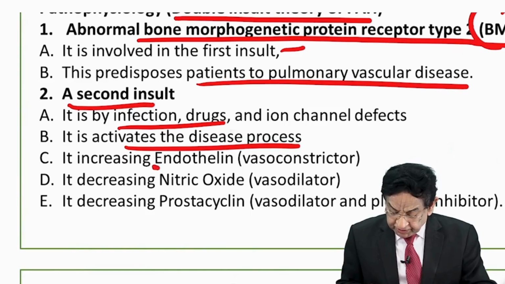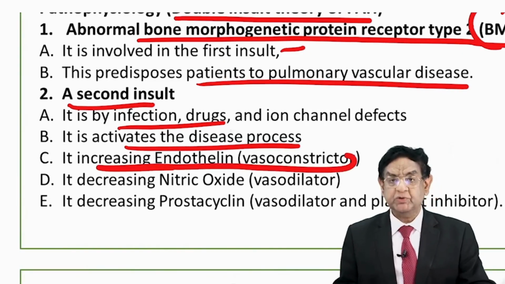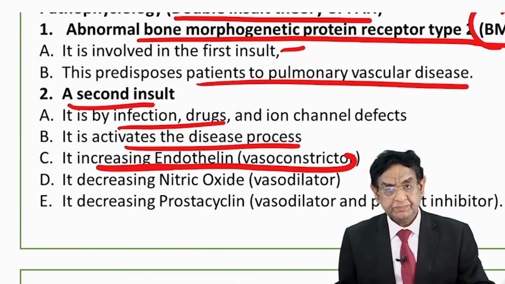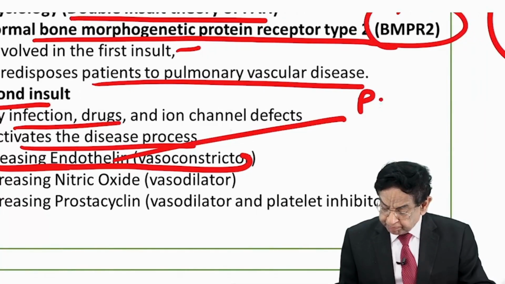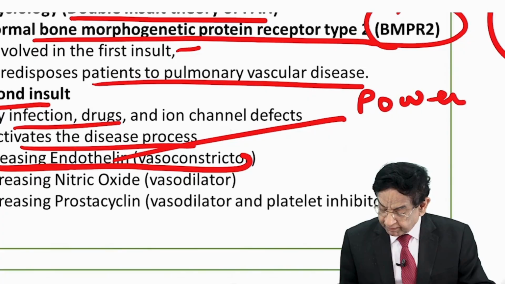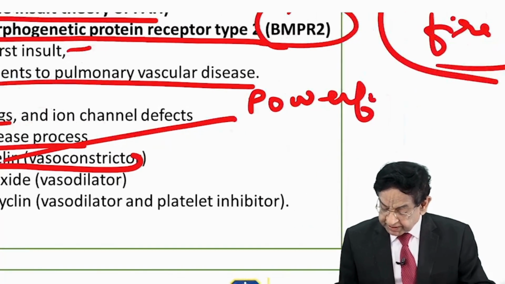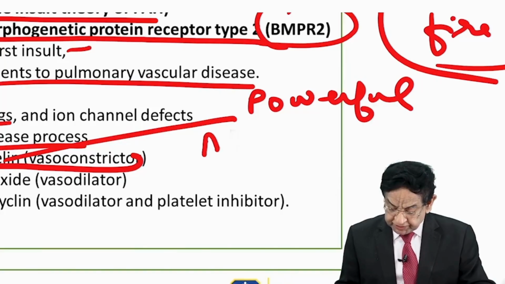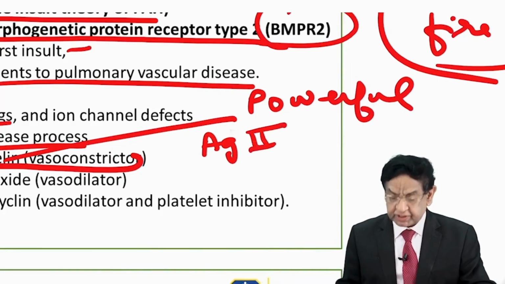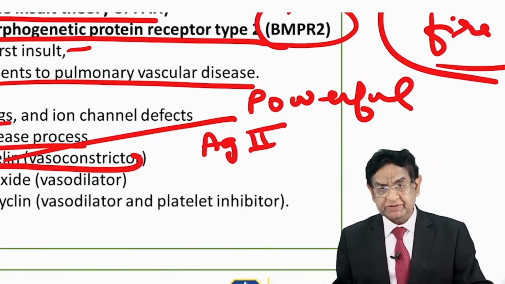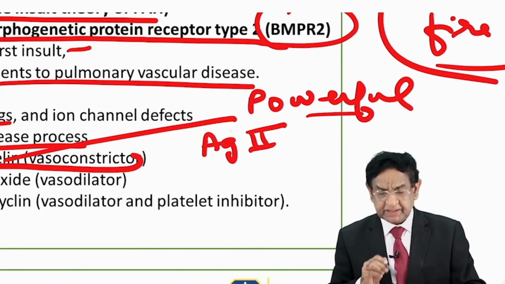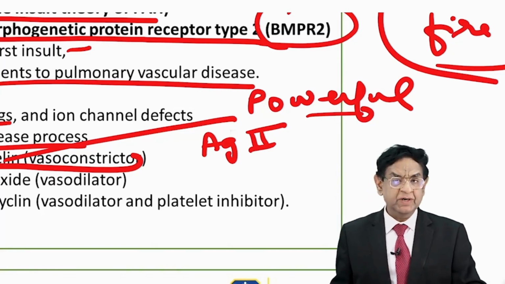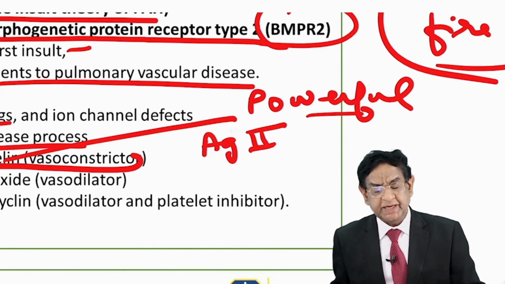They increase endothelin, which is a vasoconstrictor. In fact, endothelin is the most powerful vasoconstrictor in the body. We know angiotensin 2 is also a vasoconstrictor, which is involved in the pathology of systemic hypertension. But in pulmonary hypertension, endothelin is involved, which is an even more powerful vasoconstrictor as compared to angiotensin 2.